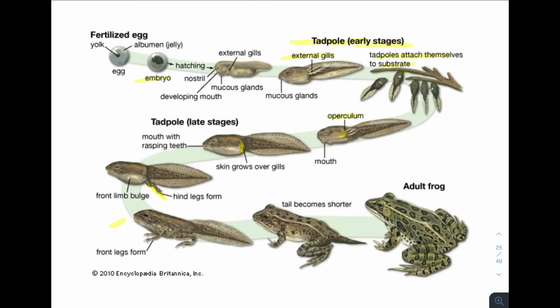The gills are atrophying more and more as this goes on. That caudal tail will start getting smaller and smaller, and basically what is going to happen is apoptosis of the cells within that tail until that tail basically starts to disappear, and these limbs get larger and larger.